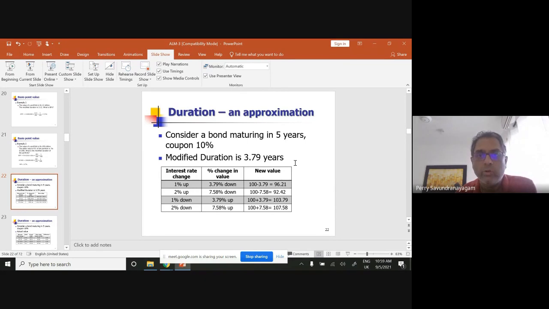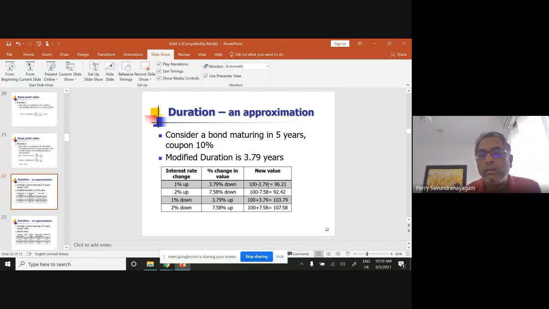Okay. So you know the duration is 3.79. You modify it by making it into a percentage, like what we saw just now. And the new value, because the yield has gone up, the price has come down, because you know what the modified duration is. 1% into 3.79 is 3.79%.